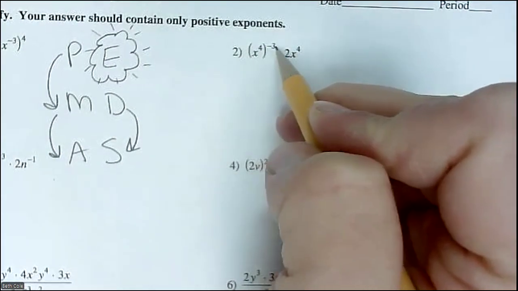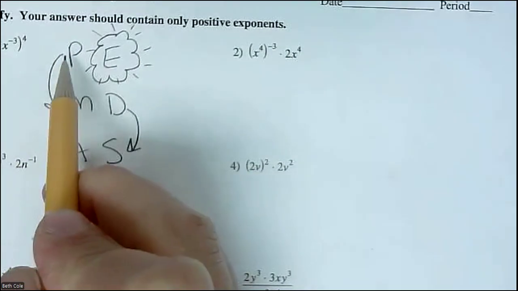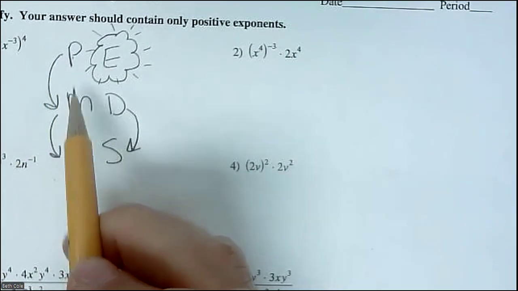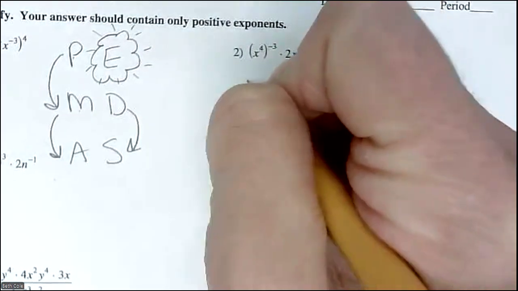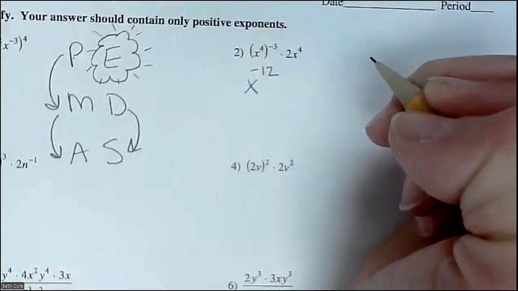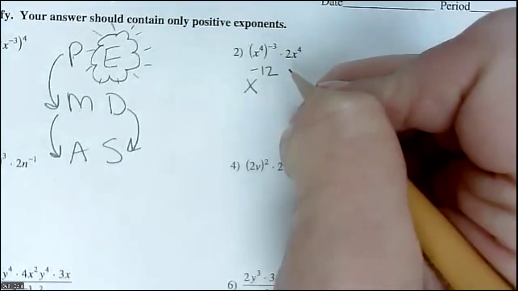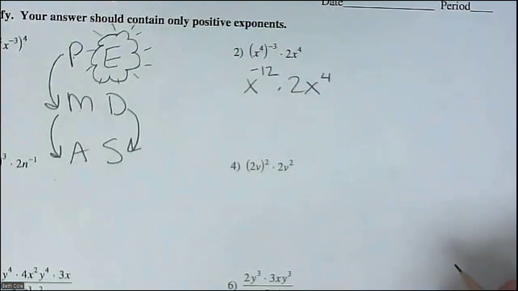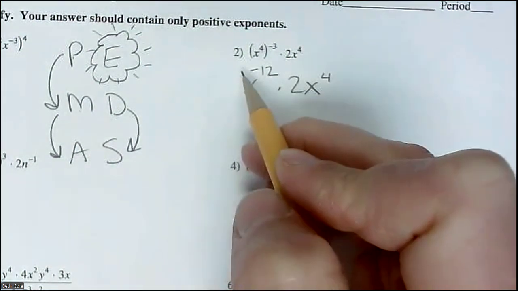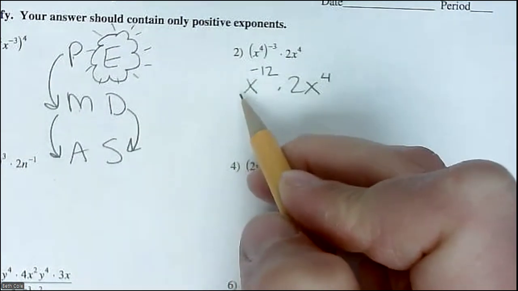Do you see how this is a power? Use your little cheat sheet. Power means multiply. So 4 times -3 is -12. Or somebody say it over there. Good job. Times 2x to the 4th, right? That part is just kind of there. Now, what's really in front of this?